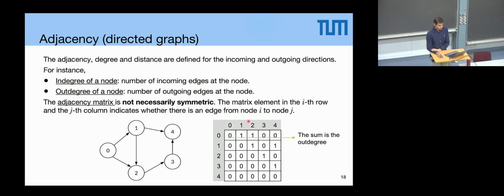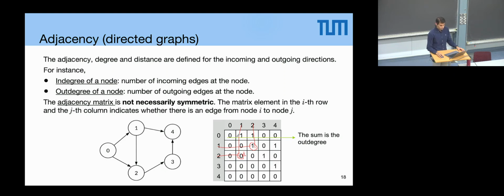And in this case, the adjacency matrix is not symmetric. The element in the position at row I and column J indicates if we have an edge going from I to J. But in this case, as you can see, if we check the row J and column I, now we don't have a 1 as before.